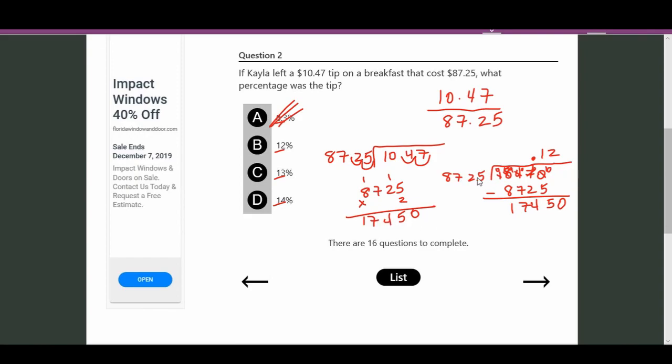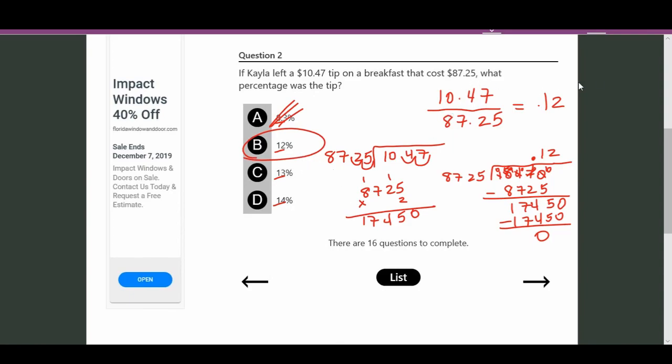Therefore, 8,725 times 2 is 17,450 with no remainder. And therefore, we know that if Kayla left a tip in the amount of $10.47, that would be equivalent to 0.12, which is the same as 12%. Okay, so that's that one.